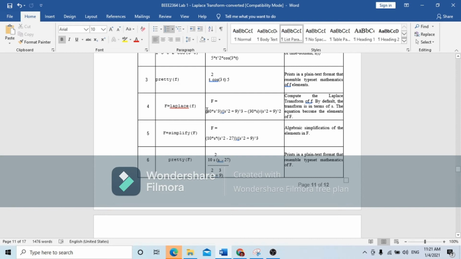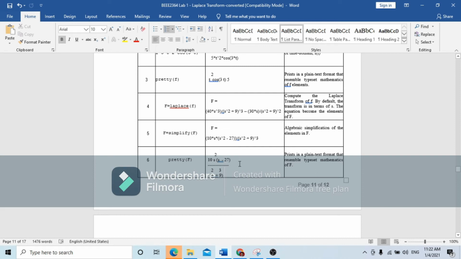This answer becomes the capital F elements, so we simplify the capital F elements. Here we get the answer, and pretty means to print in typeset mathematical format.